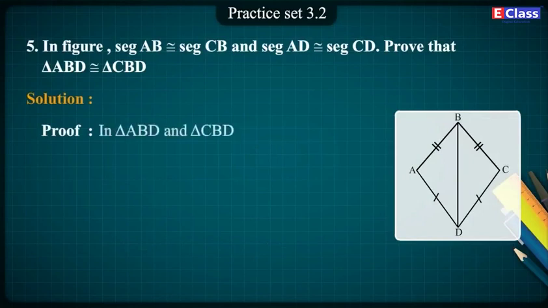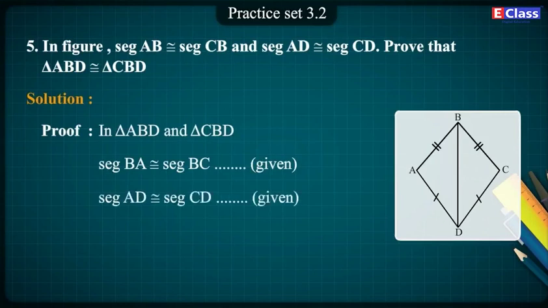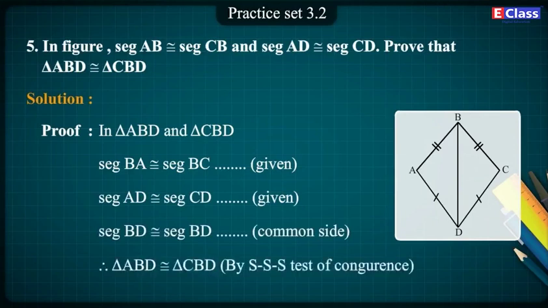In triangle ABD and triangle CBD, segment BA is congruent to segment BC, which is given. Segment AD is congruent to segment CD, which is given. Segment BD is congruent to segment BD, as it is the common side. Therefore, triangle ABD is congruent to triangle CBD by SSS test of congruence.